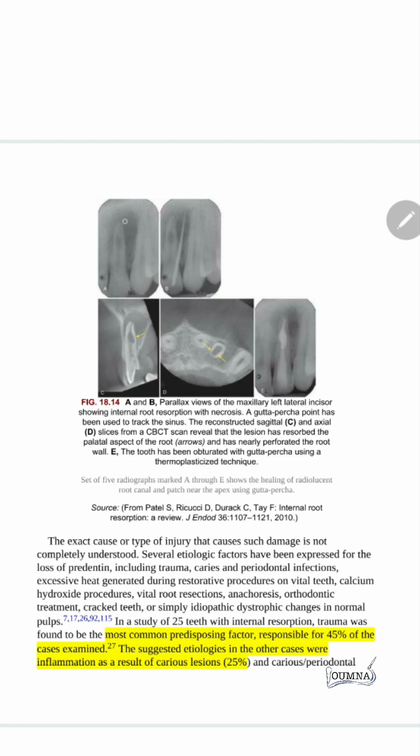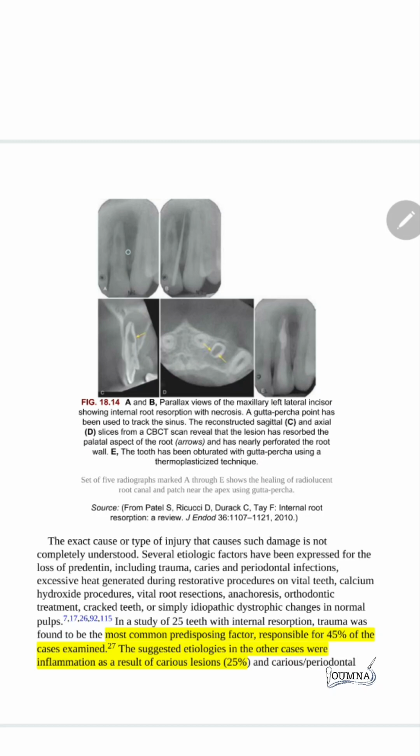Usually the apical tissue of the pulp beneath the resorption is vital, which provides nutrition to the osteoclast cells, and the pulp that is coronal to the resorption site is necrotic, which provides the continuous stimulation for these cells, and the resorption continues.